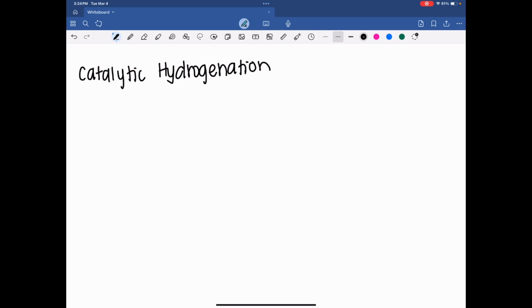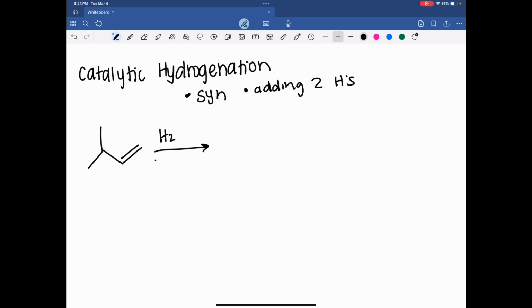We do want to remember that this is syn addition and that we are adding 2 hydrogens. My reagents for this one are going to be H2 and Pt, Pd, Ni. Could be one of these 3 metals.